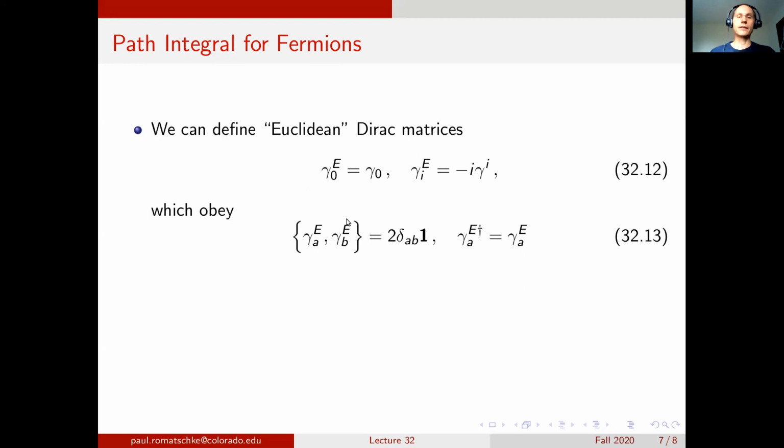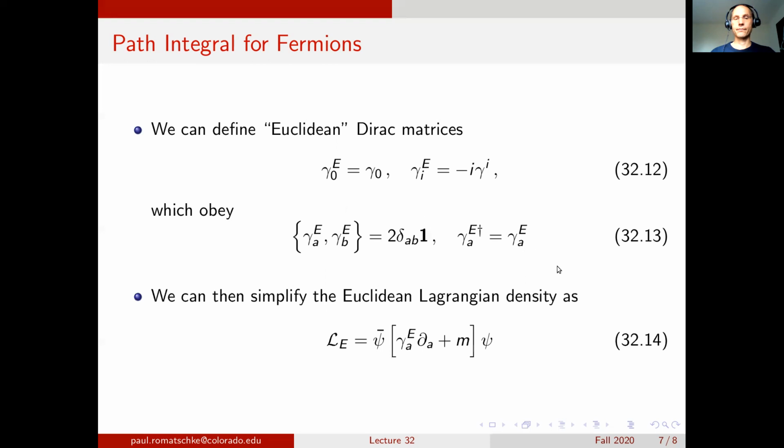If we do this, then the Clifford algebra for the Euclidean Dirac matrices is such that the anticommutator of the gamma matrices gamma A and gamma B is twice the Kronecker delta, or the Euclidean metric, times the unity. And these Euclidean matrices also have the property that they are Hermitian. Using this definition involving these Euclidean Dirac matrices, we can write down the Euclidean Lagrangian density L_E in the following form.